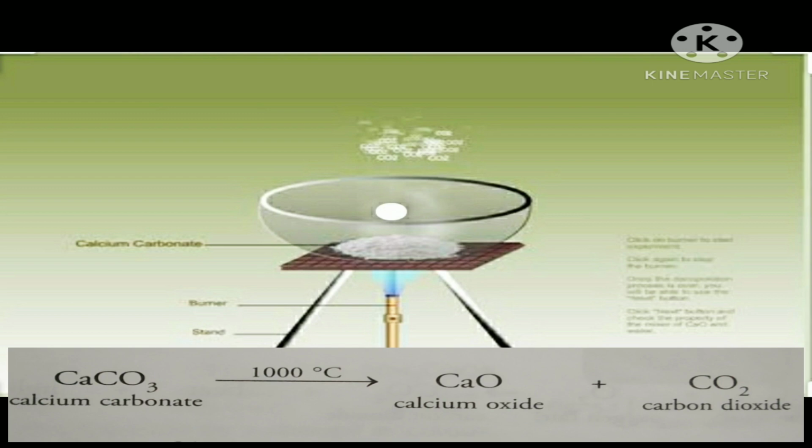Without heating calcium carbonate, this reaction does not take place. So heat is one very important condition. See above the arrow. Look at the temperature that has been mentioned, 1000 degrees Celsius. That is the condition required.